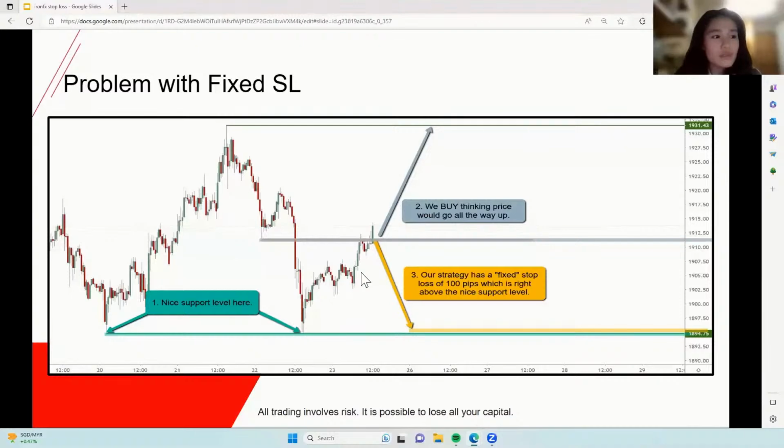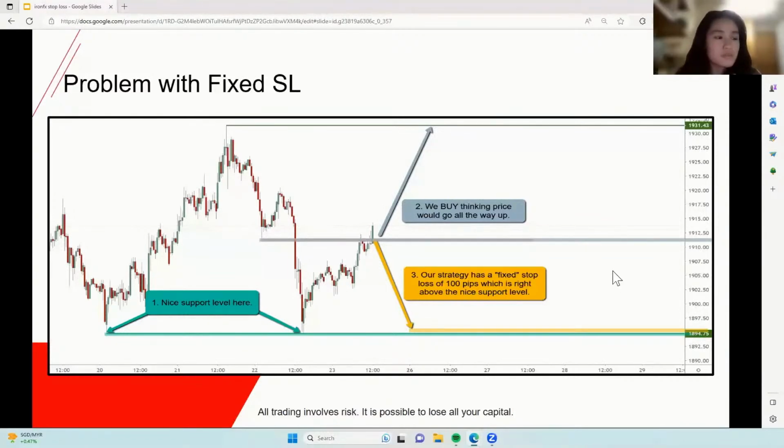Price has bounced off of this support level, and we are expecting it to continue to rise to the swing high resistance over here at 1931.43. Our stop loss of 100 pips is fixed at the 1894.75 level at the support level.